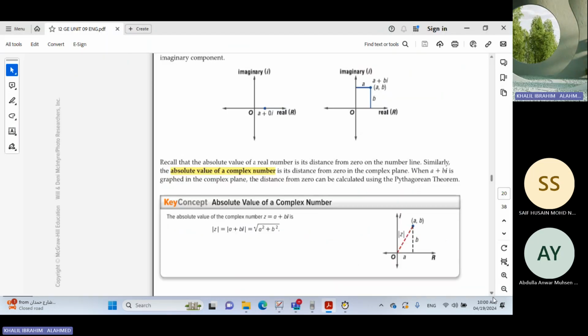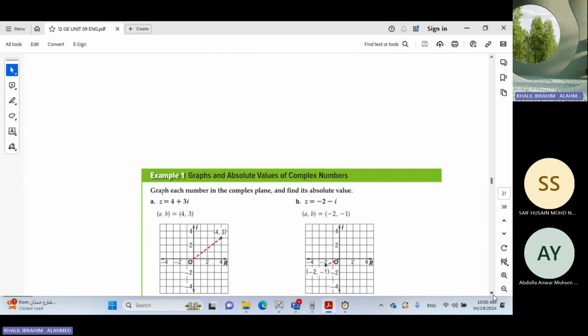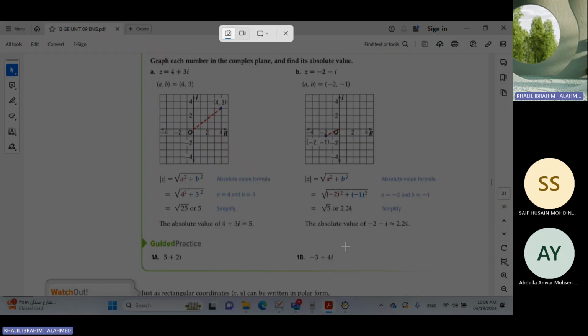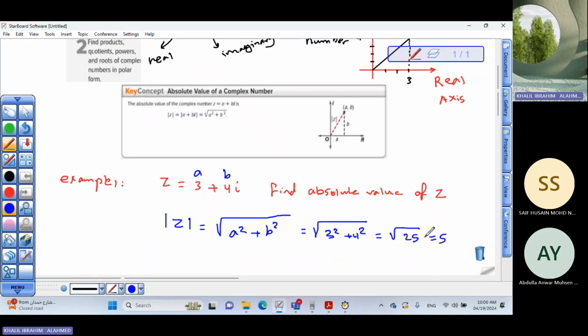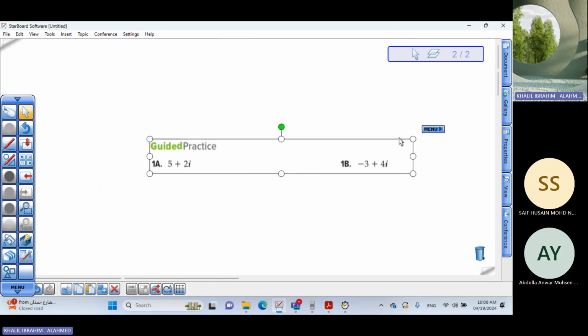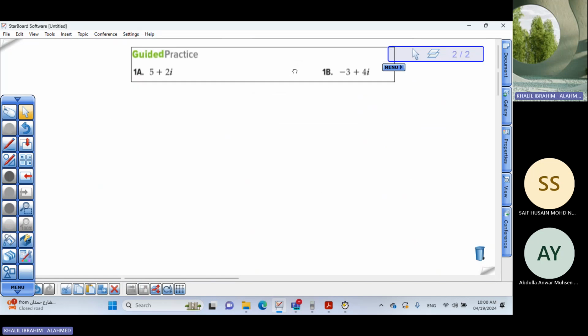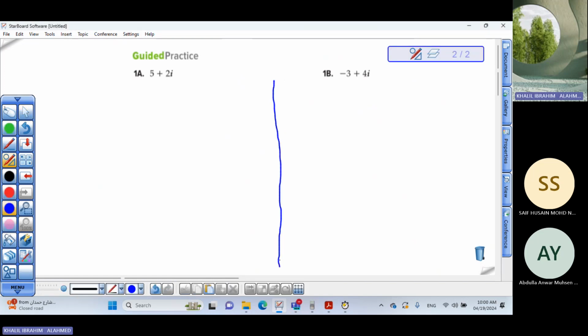We can take many examples about this idea. I think here, this is guided practice. Okay. As you see here, we have 2 examples.